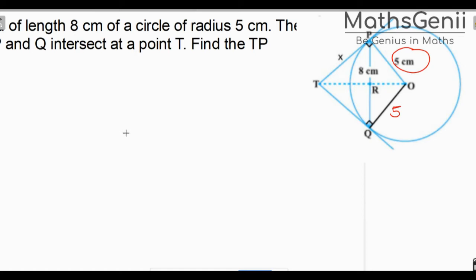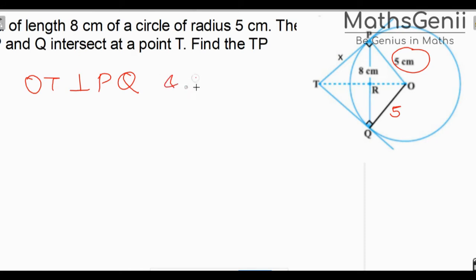Join OT, let it intersect PQ at R. Triangle TPQ is isosceles. Therefore, we can say OT is perpendicular to PQ. OT is perpendicular to PQ.